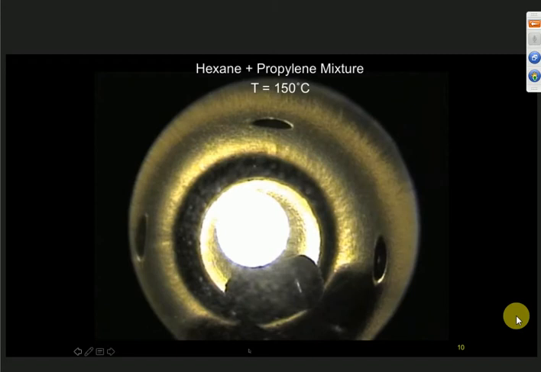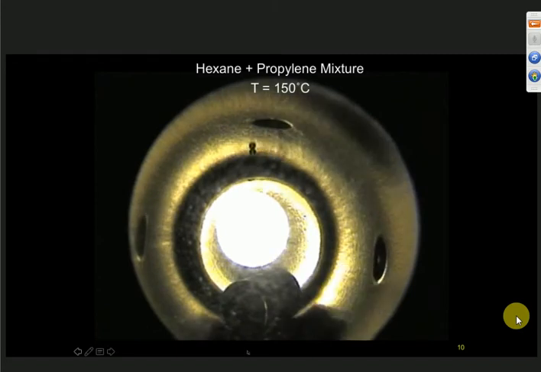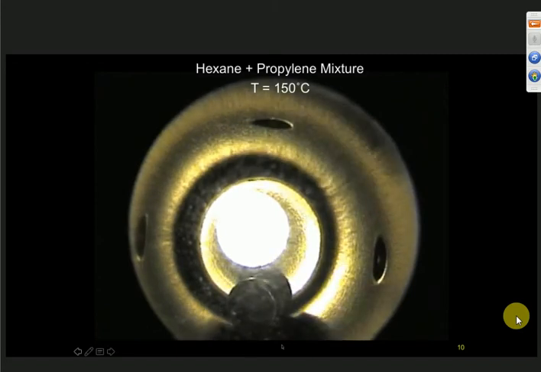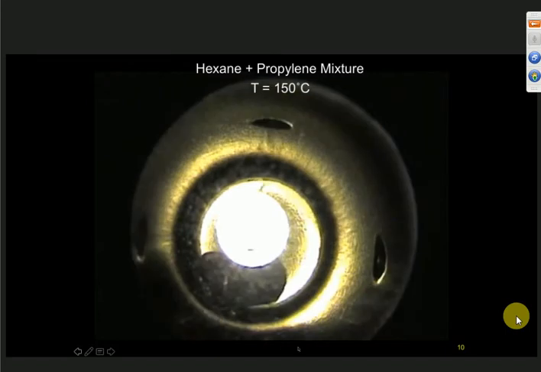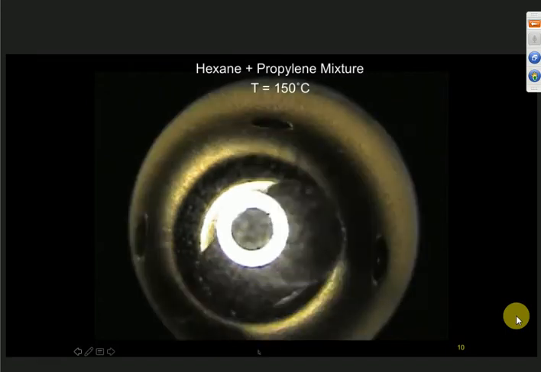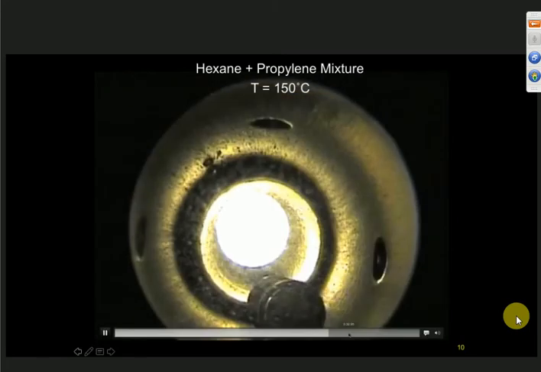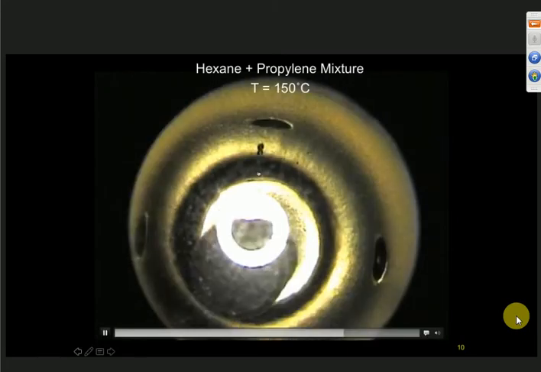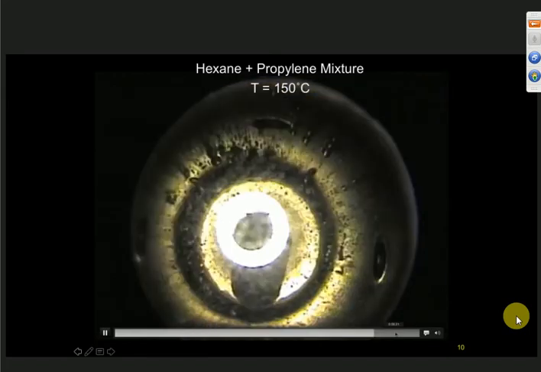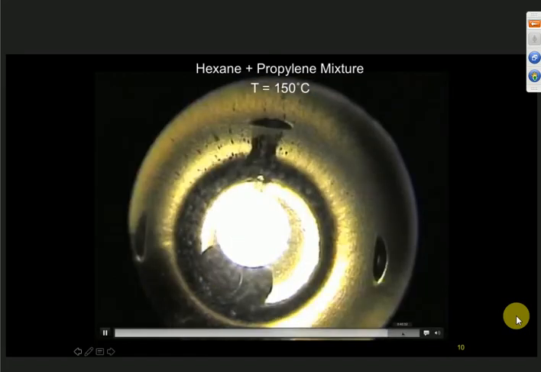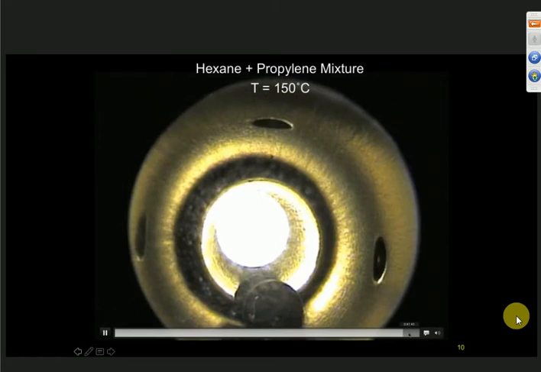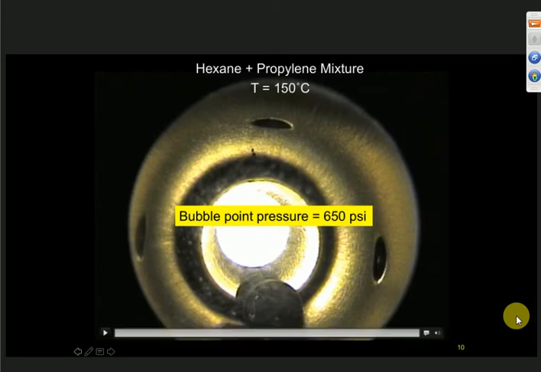I'll show you the phase behavior plots in the next slides. So you see more bubbles are forming. The bubble point pressure for this system at 150 degrees C is about 650 psi, where the first bubble appeared. So we record that pressure as the bubble point pressure.